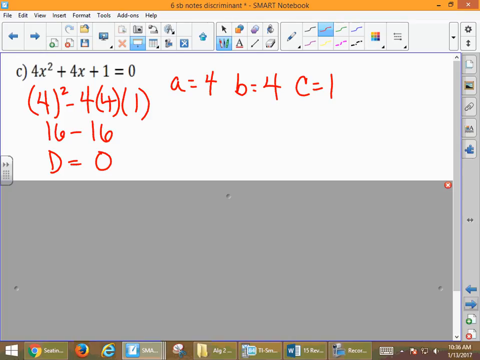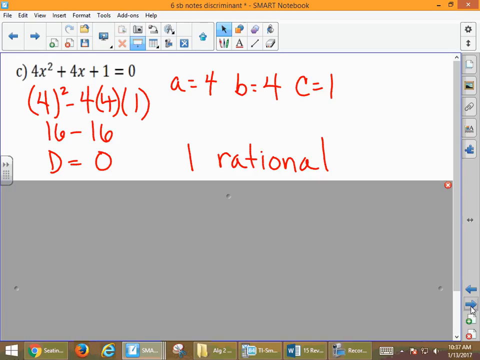We might have to flip our paper over. How many roots will we get when our discriminant is 0? Jordan? 1. Gonna get 1. And he even said it ahead of me. 1 rational. So to get close to finishing here, before we do, let's look at the picture.